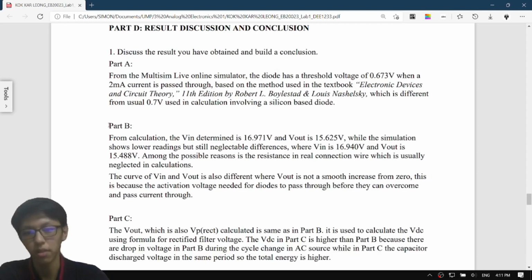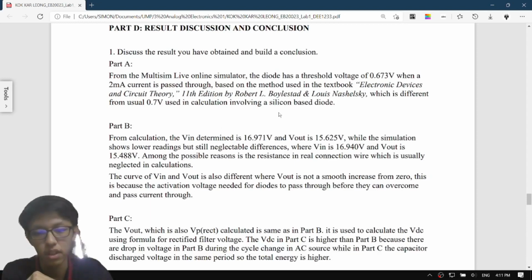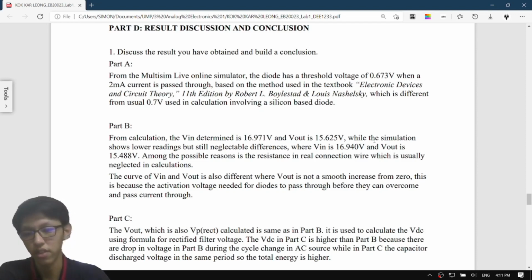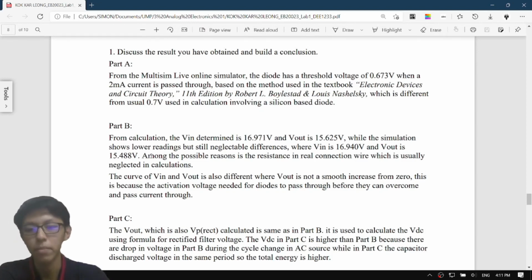So next for part B, from calculation, the Vin determined is 16.971 volt and Vout is 15.625 volt. While the simulation shows a lower reading, it is a negligible difference, where Vin is 16.940 volt and Vout is 15.488 volt.